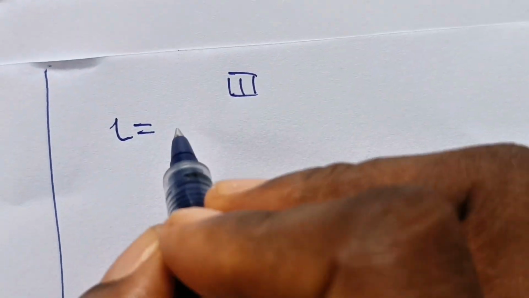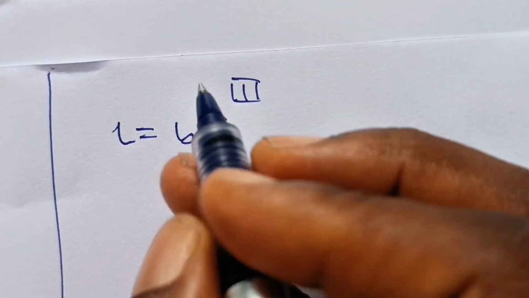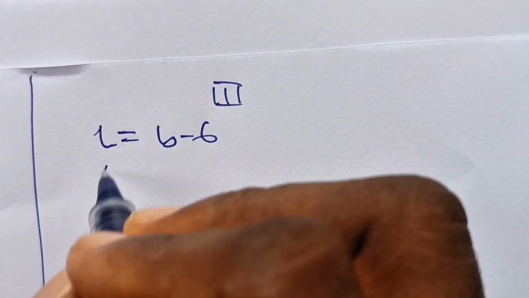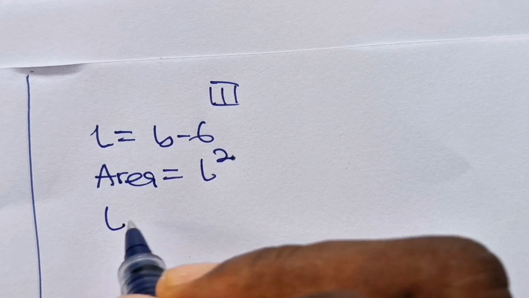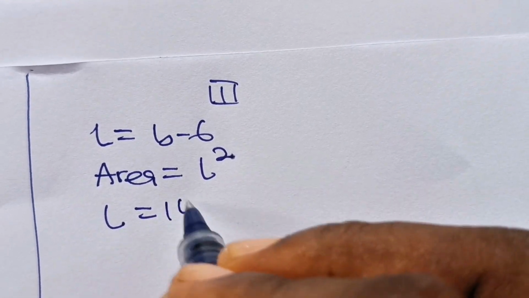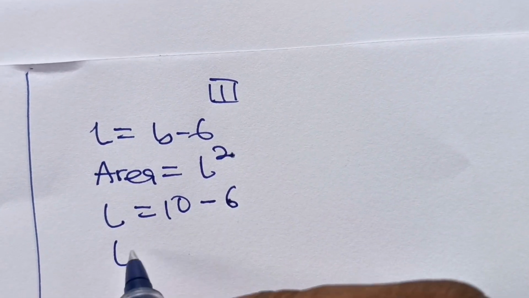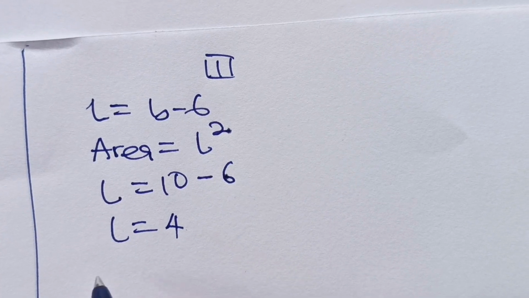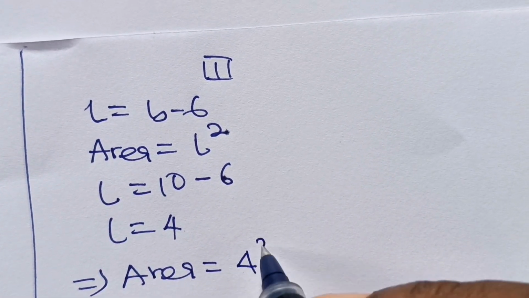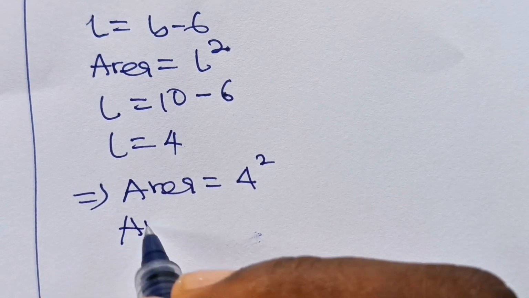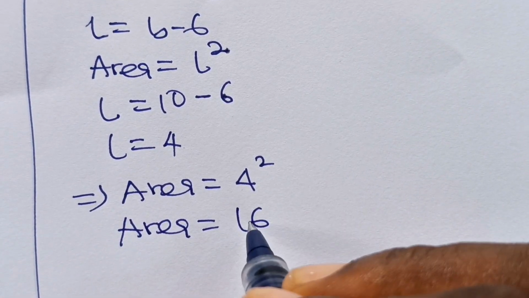Area is equal to length squared. Our B is 10, so we have 10 minus 6, so the length is equal to 4. This simply means that the area is equal to 4 squared, so the area is equal to 16.